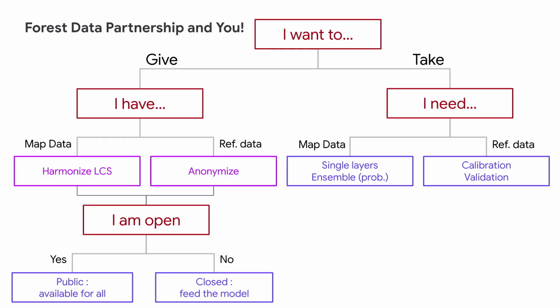And then I just wanted to end on how you relate to the Forest Data Partnership. What can you get from it? Maybe what can you give to it, ideally? We have these map products, but it's really about the process as well.